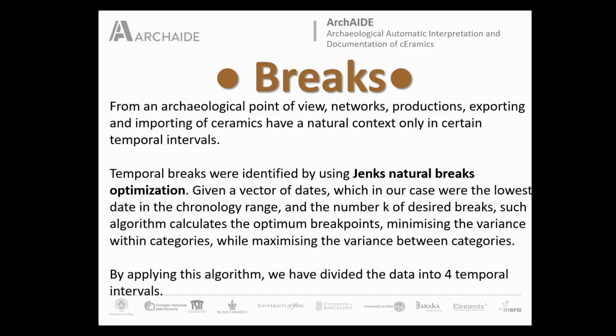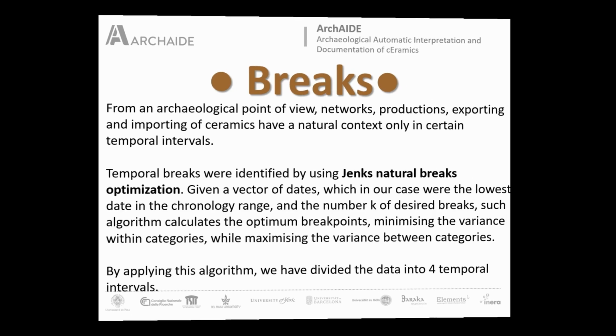We use the Jenks natural breaks optimization, and we use the dating data in the chronology range with a defined number of breaks, in our case 5 breaks. In this way, we were able to minimize the variance within each category, and at the same time maximize the variance between the categories.